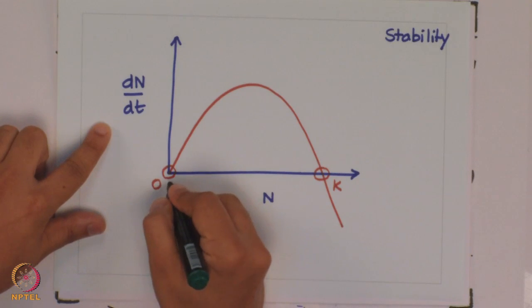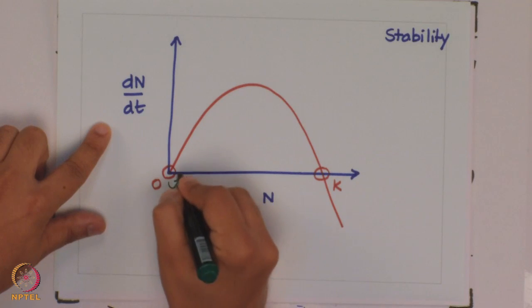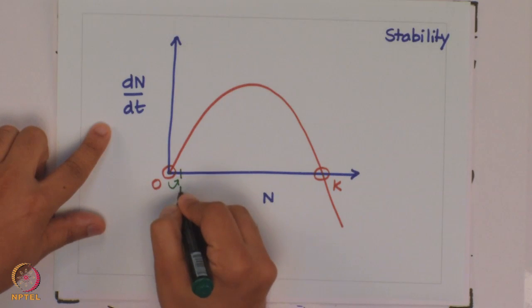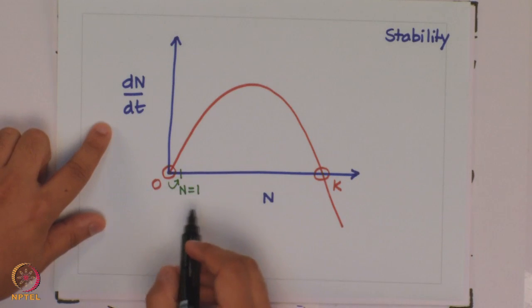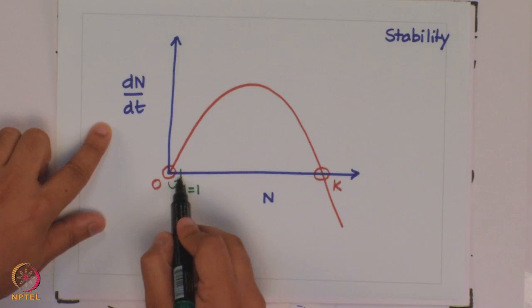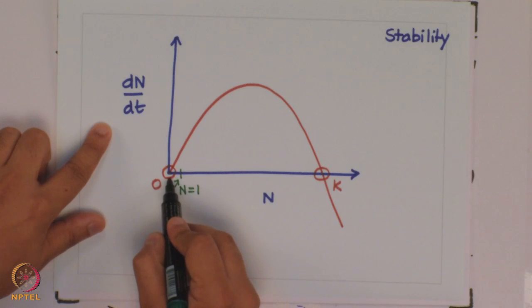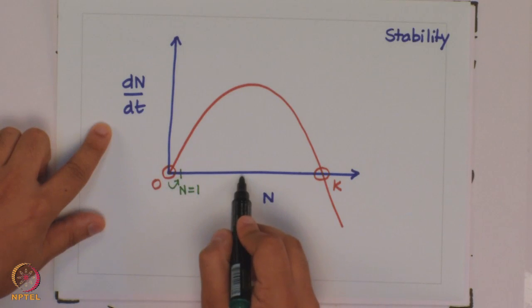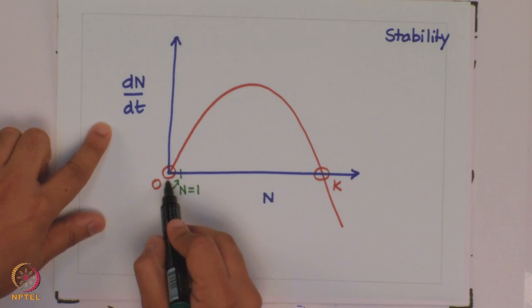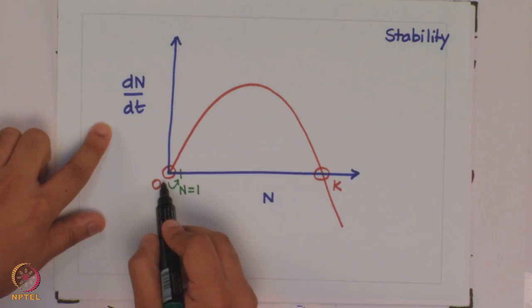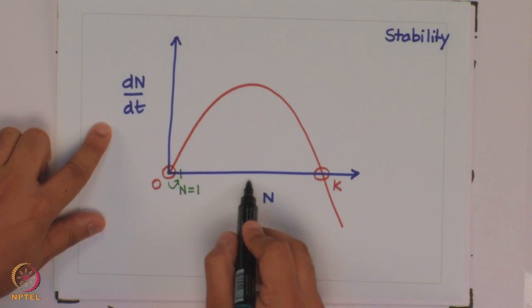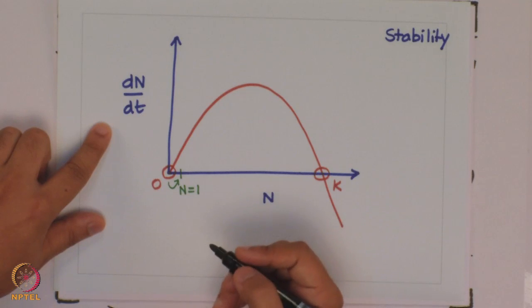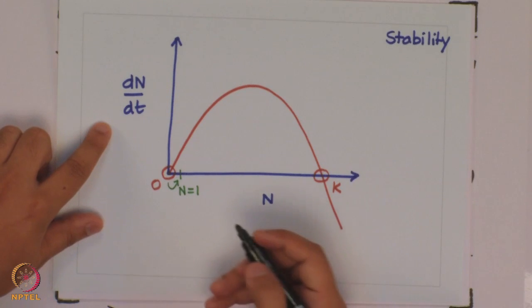Now, if we apply a disturbance and add one bacteria to the system, that means we move from n equal to 0 to n equal to 1. What we are interested in is, from n equal to 1, does the system come back to n equal to 0 or move away from n equal to 0? If it comes back to n equal to 0, that means our steady state is stable, and if it moves away from n equal to 0, that means this is an unstable steady state. So, how do we comment on that?